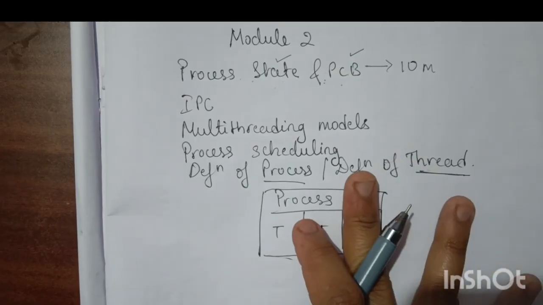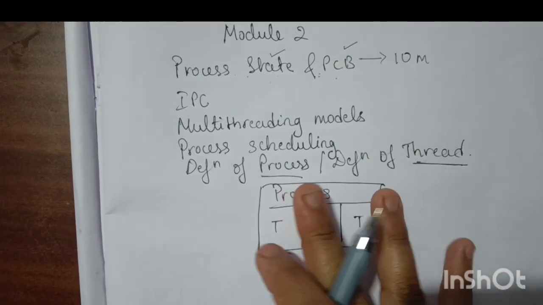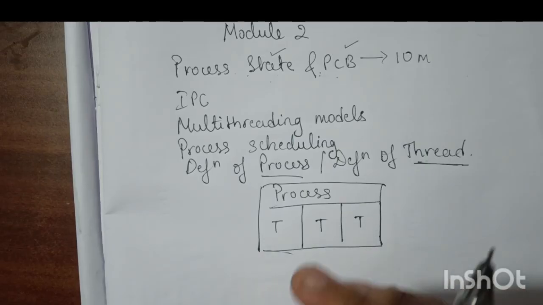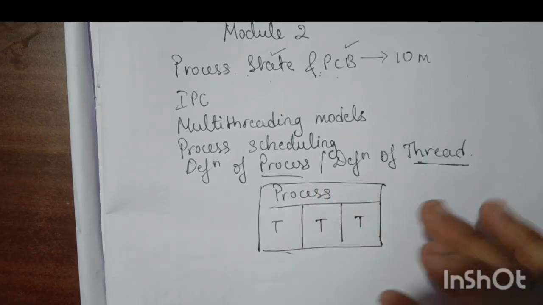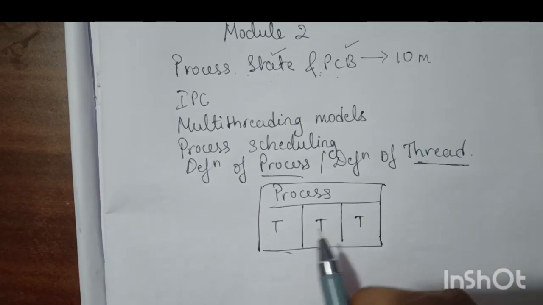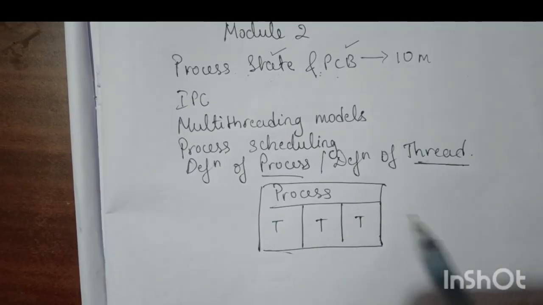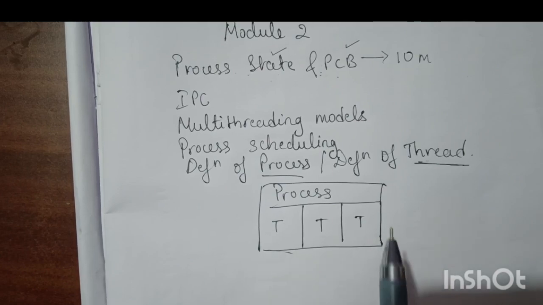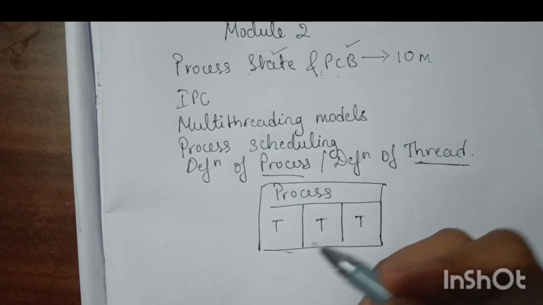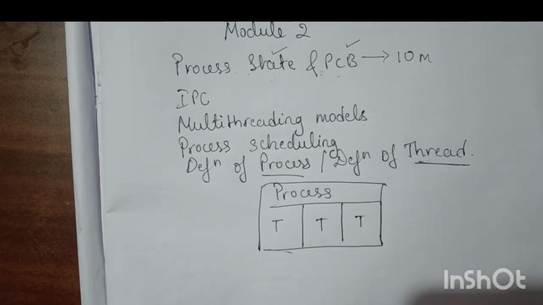Say for an example, I'll give an example for you. Suppose you have a WordPad, and your task or the process is to type. You are going to type something on the WordPad. So the task or the process is typing the words. And meanwhile, while you are typing, it will do the spell check. If you remember, or if you have done it any time, it will give you a red mark or a blue mark while you are typing.